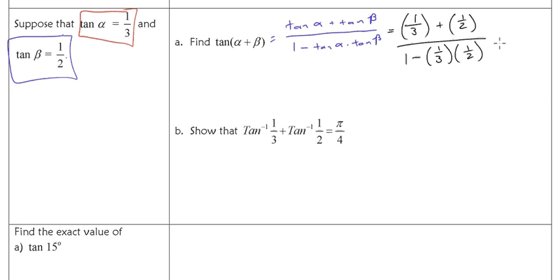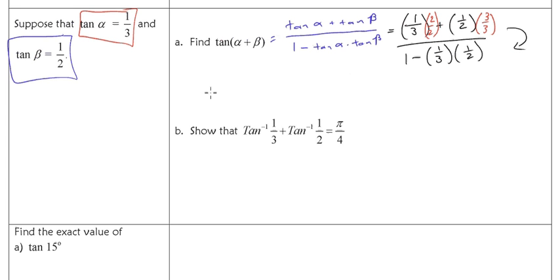All right, and so getting common denominators, looks like we're going to want to multiply this here by 2/2, and over here multiply this by 3/3.